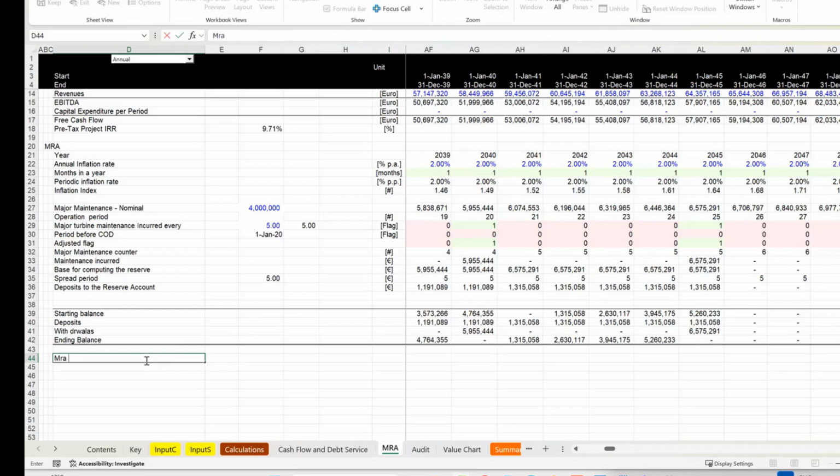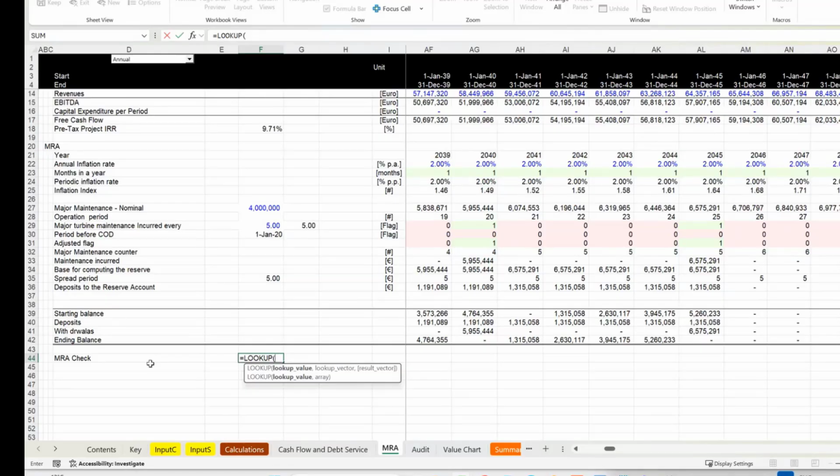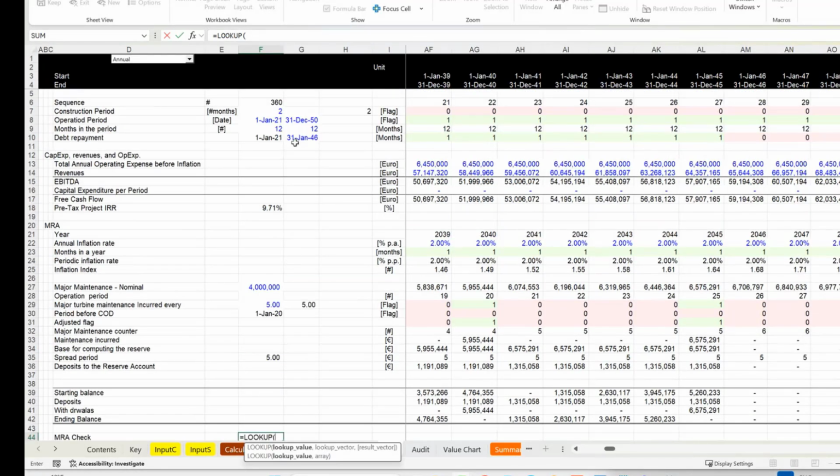Put an equal lookup, and then go up to the date for the end of the debt balance.